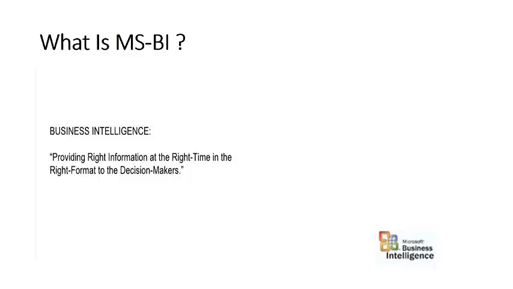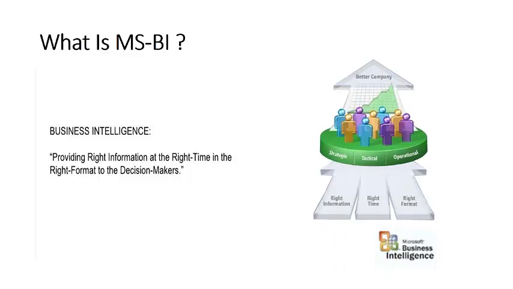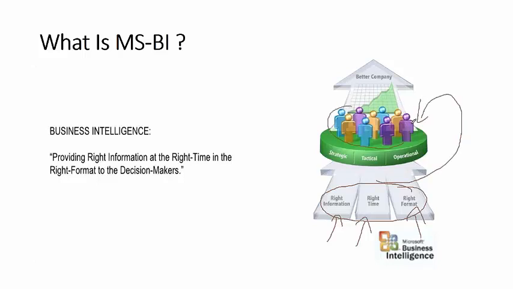With respect to all these characteristics, we will give the data to the group of business users. If you look at this small diagram here, with the characteristics we have discussed, right information, right time, right format, we give the data to the group of business users. As we have seen in the earlier slides, they will look at the data in a strategic way, a tactical way, and an operational way. Those are business terms you will understand in future classes.